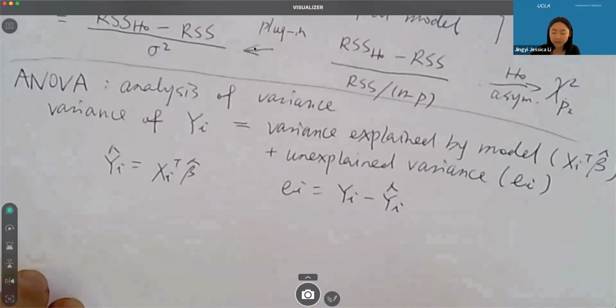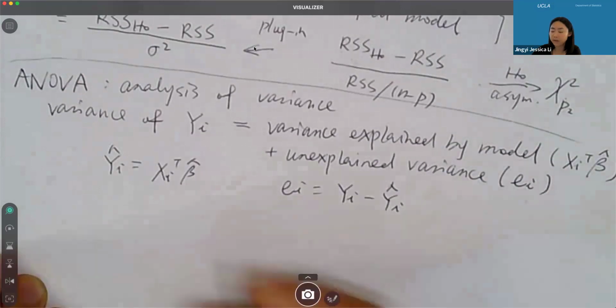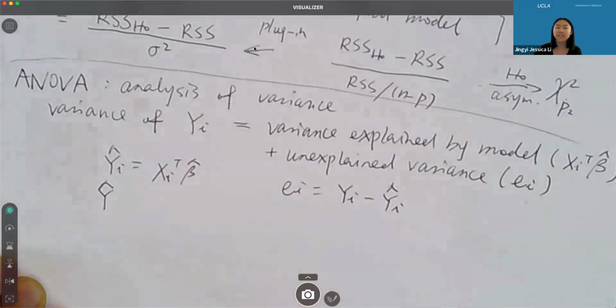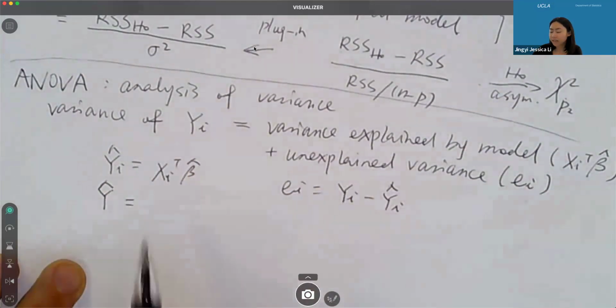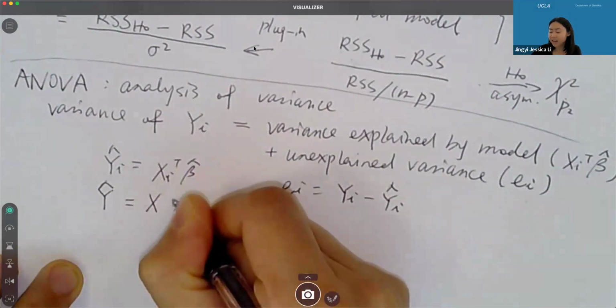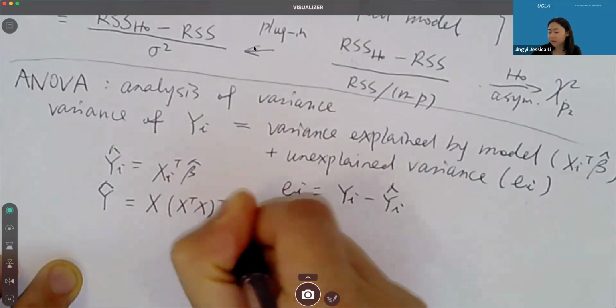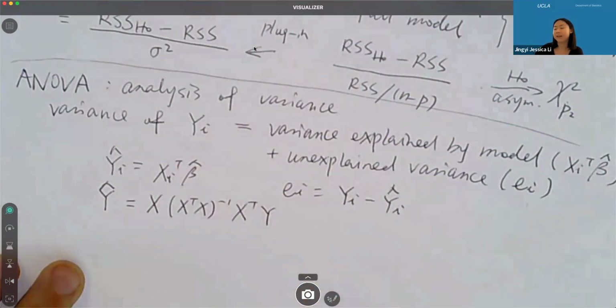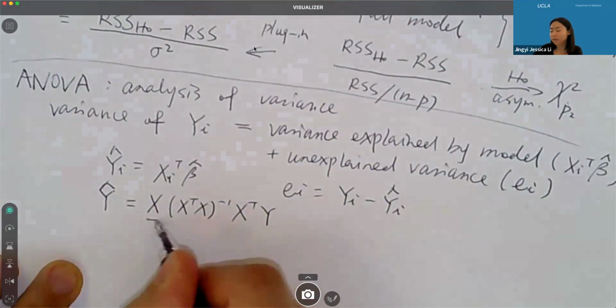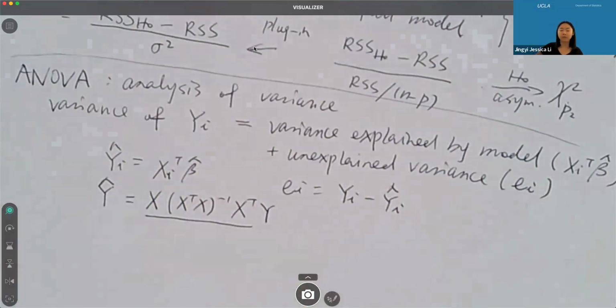So the hat matrix is just in the matrix form. So this y hat as an n-dimensional vector can be written as x times x transpose x inverse x transpose y, because this is how we estimate the beta hat. And the hat matrix is for the whole thing before y.